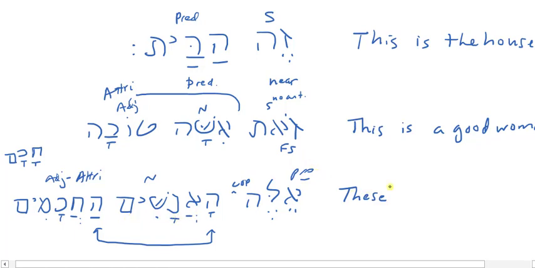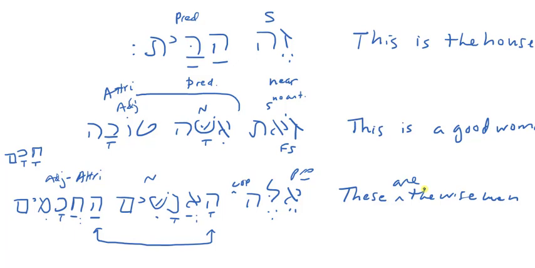The wise men. So these, the wise men, and I've got to put my copula here, right? So these are the wise men. Okay? This is not saying "these wise men" as if it were an adjective, but rather "these are the wise men."